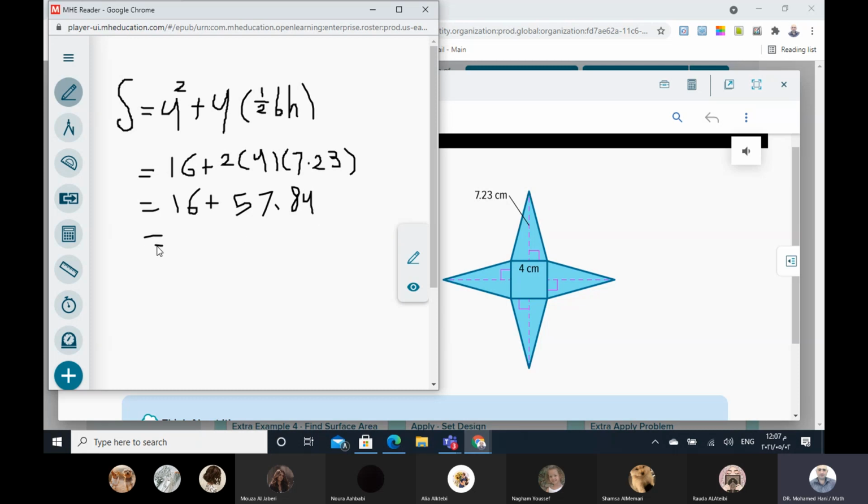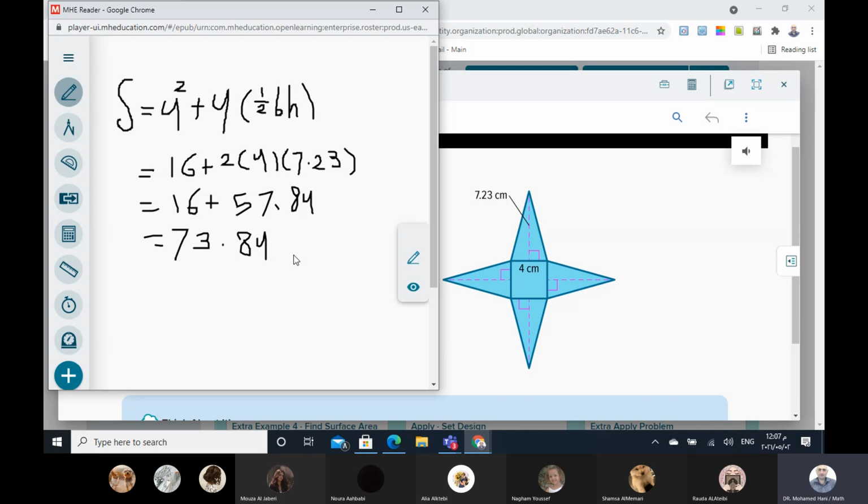Now we have 16 plus 57.84. The answer will be 73.84.